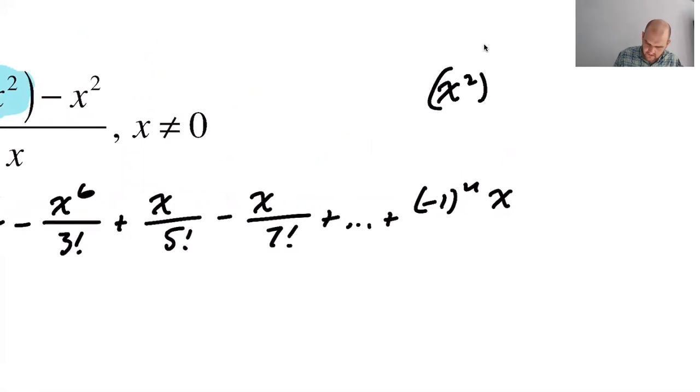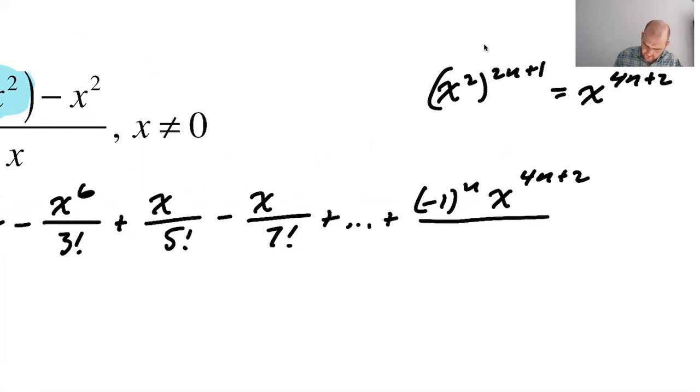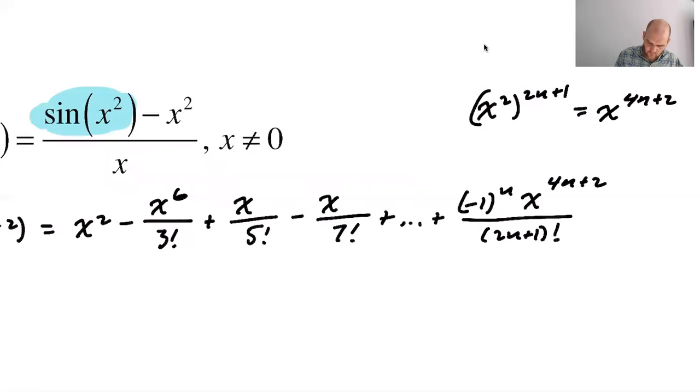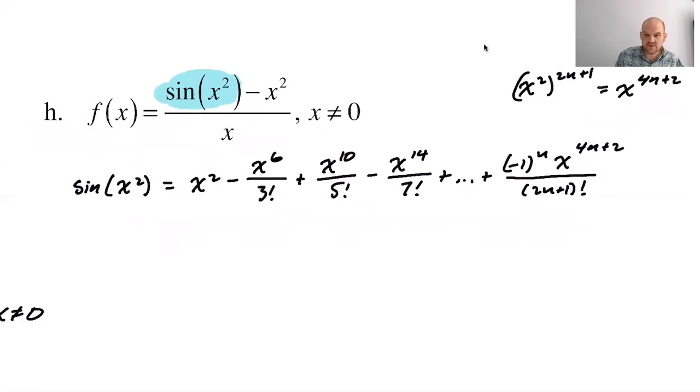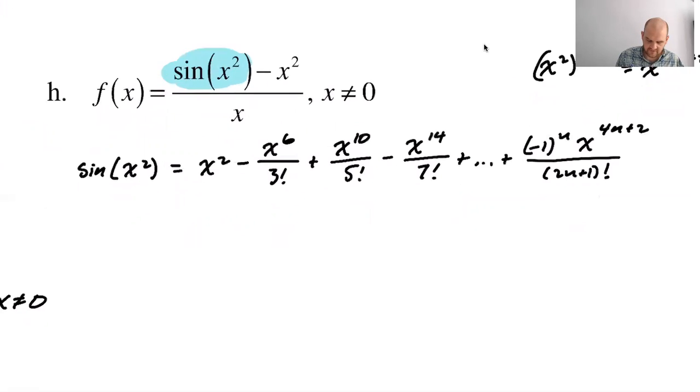When in doubt, this is x to the 4n plus 2 over 2n plus 1 factorial. Okay, so 4n plus 2: 0 gave me 2, 1 gave me 6, 2 gives me 10. Okay, we're adding 4. Holy cow. All right, sometimes you get lost. You get lost, you try to fix it.